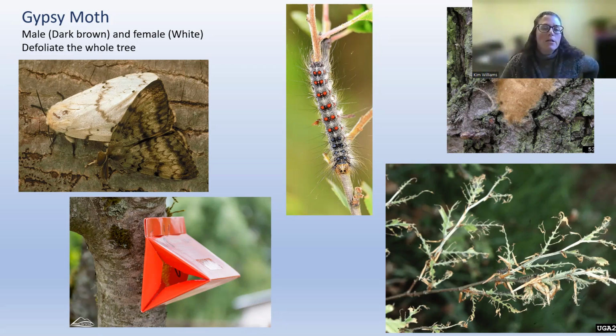And so there is a trapping program going on with the Department of Agriculture. If you see little boxes like this, these fluorescent orange, and sometimes green boxes, inside of that is a pheromone that is attracting the moth, and then it's real sticky in there and it'll capture it.